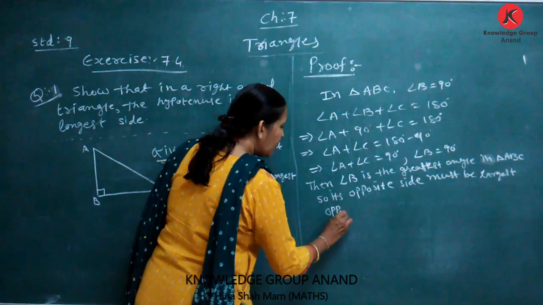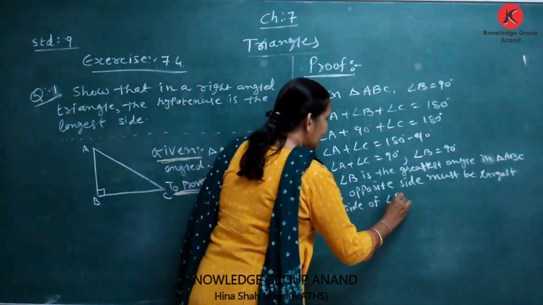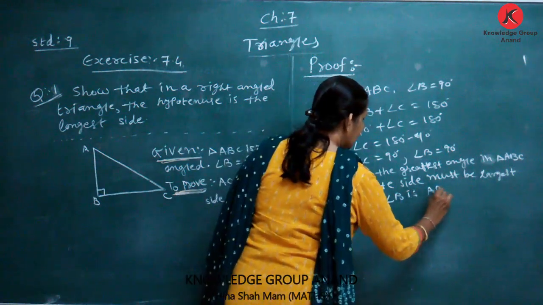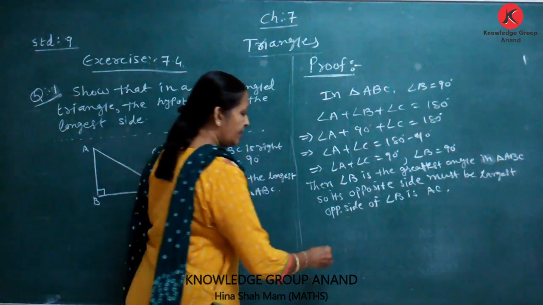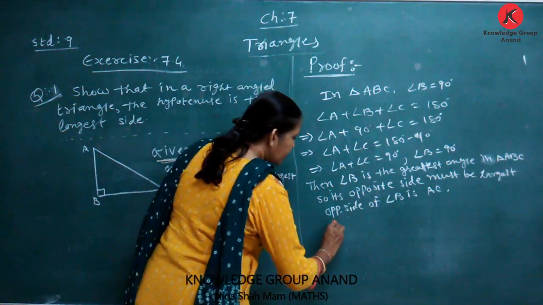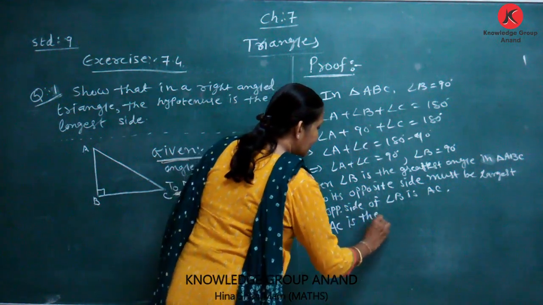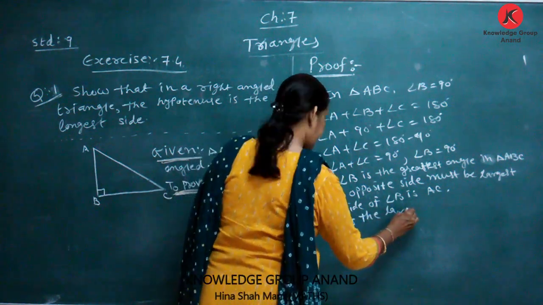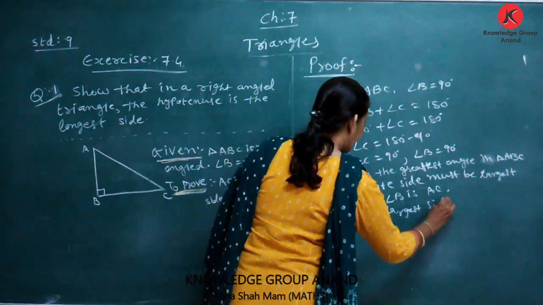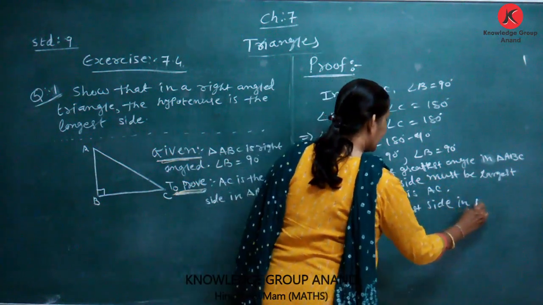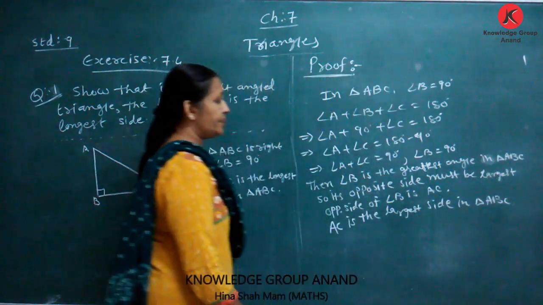The opposite side of angle B is AC. AC is the largest side in triangle ABC.